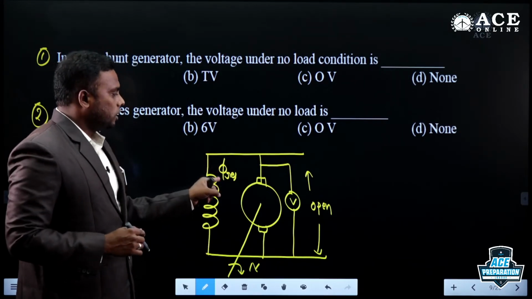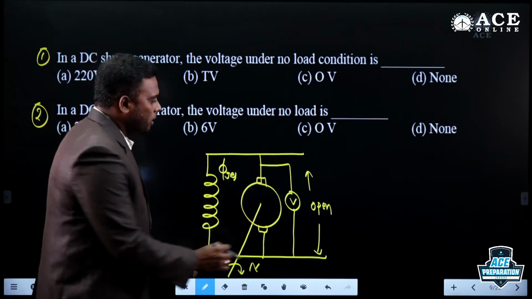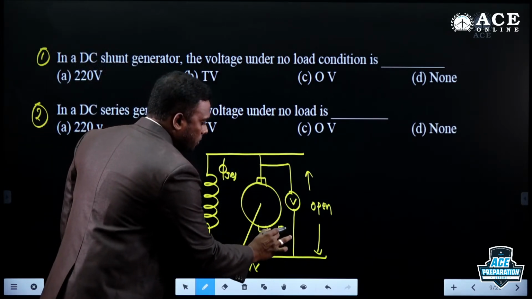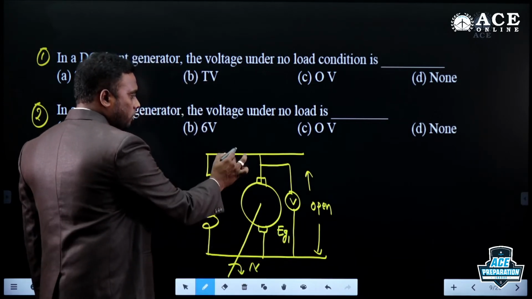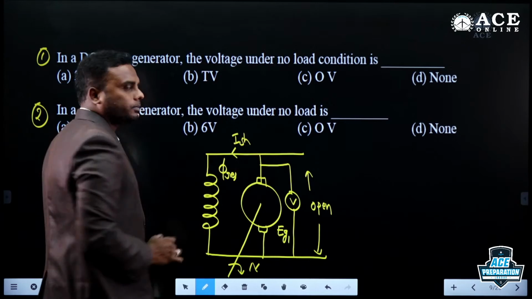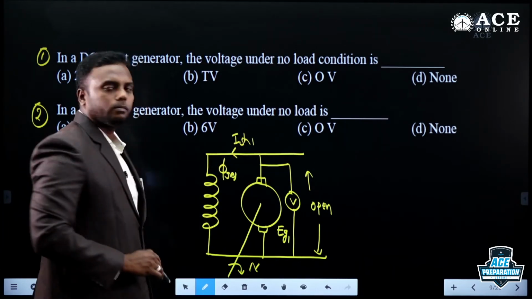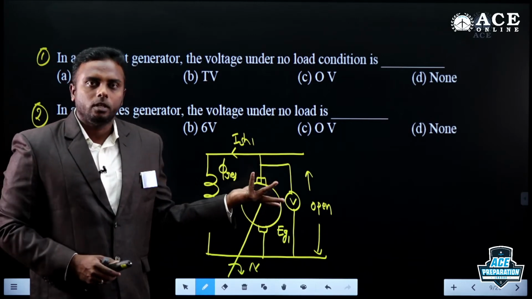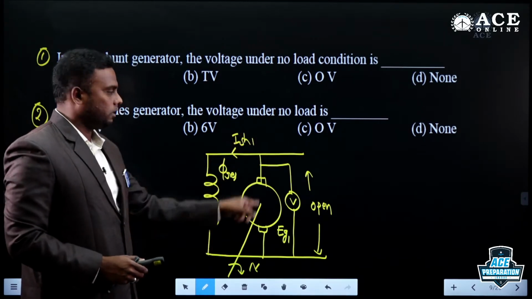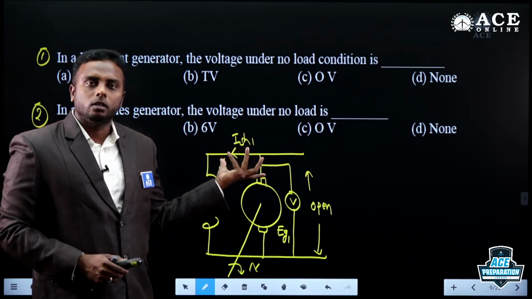So due to that, a small voltage is induced, and whenever there is a small voltage here, let it be EG1, say 5 volts, is a path there for field current or not? Yes. A small current will flow here. So there is a voltage, there is a current, because a closed path is available. So when there is a field current, will flux again be produced or not? Yes.